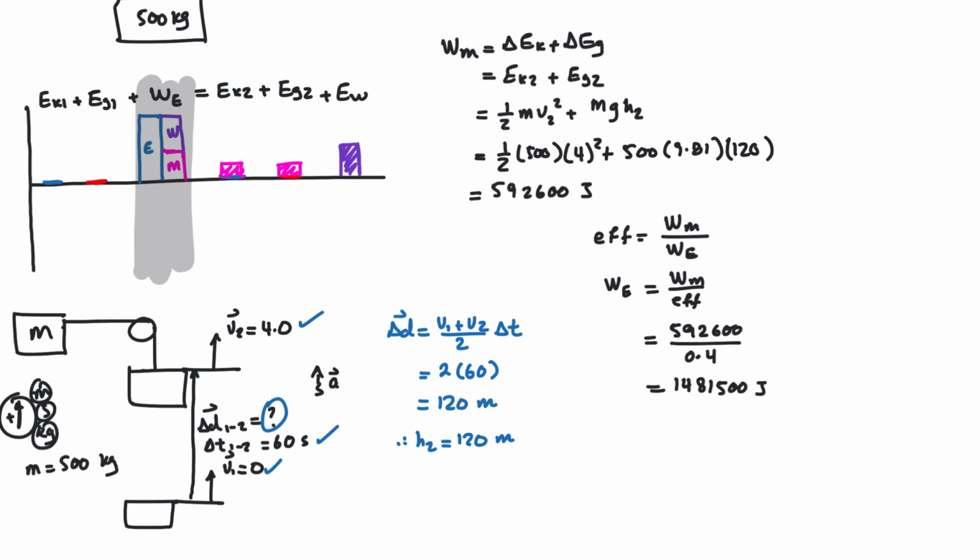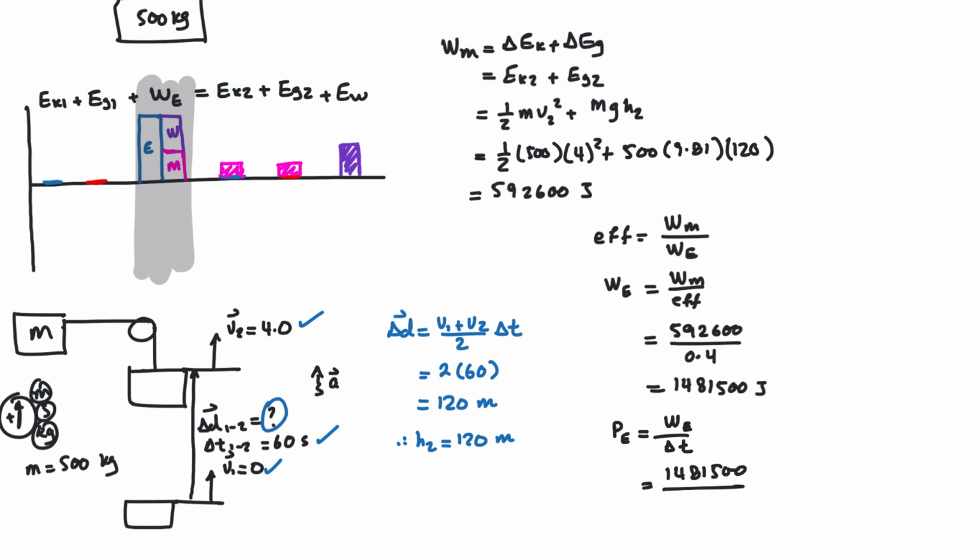That's the total amount of energy actually required by the electricity. A lot of it is going to waste, as you can see, but we get approximately 40% of that being used to lift up and give speed to our box. And the power that is needed by the electricity is equal to the work done by electricity over time, and that's 1,481,500.